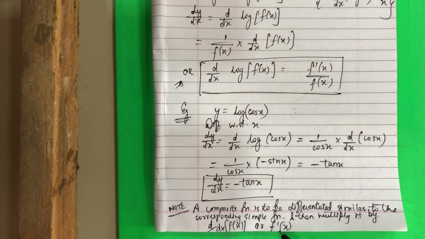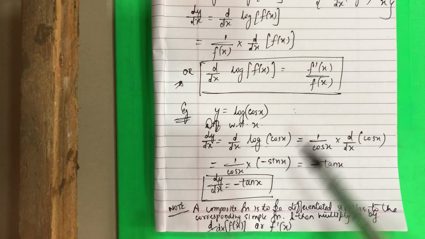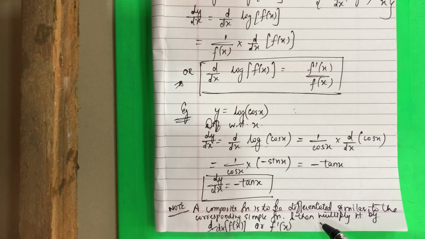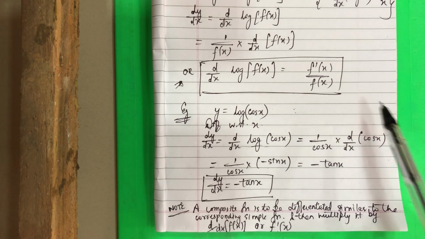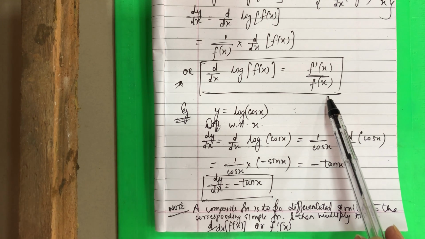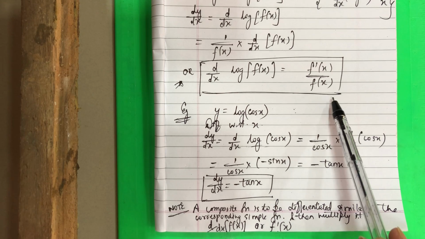What I have written in the note is so clear. That's what I was speaking everywhere. A composite function is to be differentiated similar to the corresponding simple function, but the only difference is in composite function derivative we need to multiply it by d by dx of fx or f dash x. That we got from all the formulas we had just discussed right now.